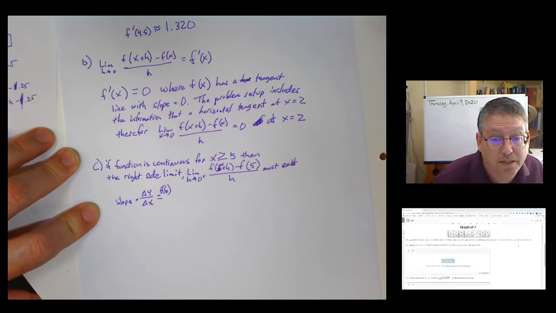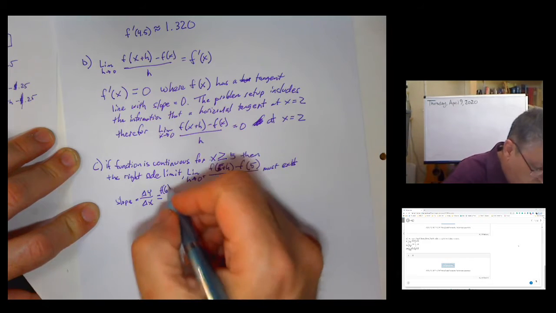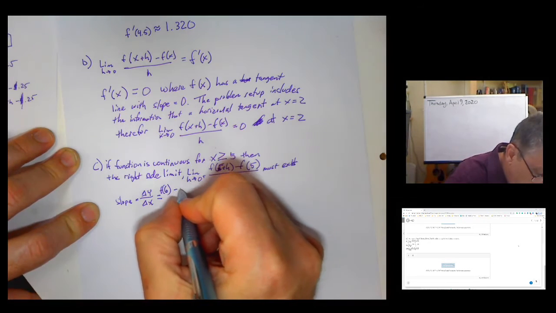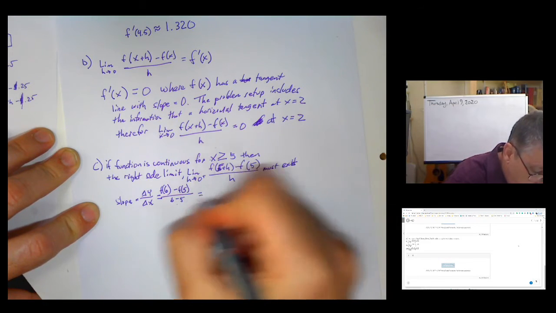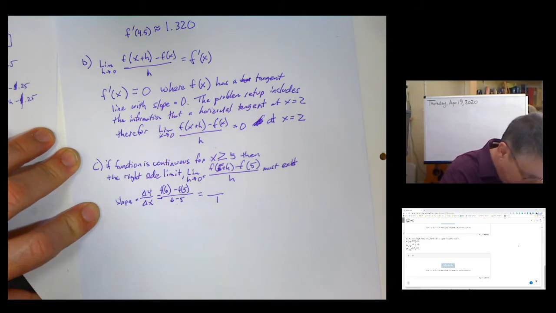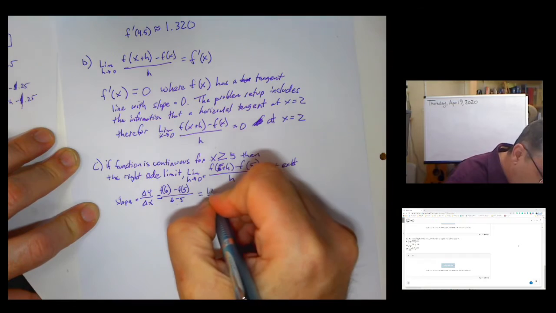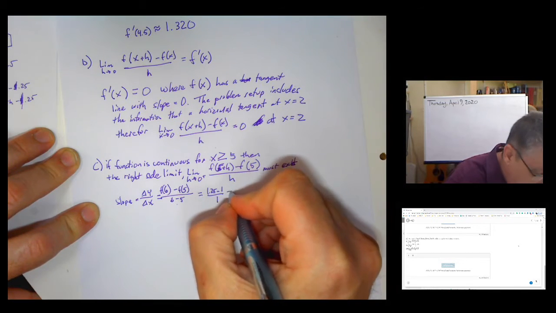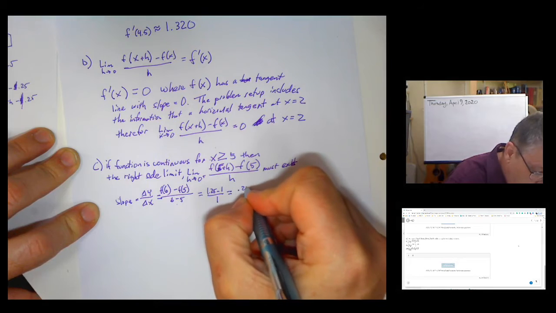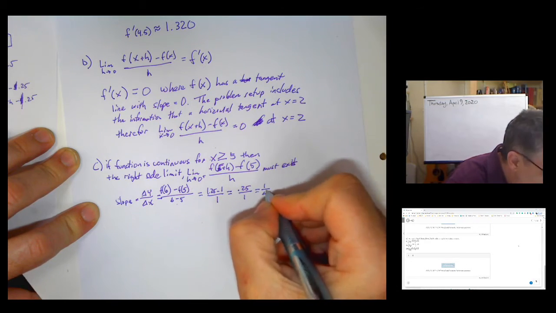I chose f of 6 because it's going to leave you with a 1 on the bottom, which just saves you time. f of 6 minus f of 5 over 6 minus 5, so that's going to be over 1. And f of 6 is 1.25, and f of 5 is 1. So we end up with 0.25 over 1, which is just the same thing as 1/4, right?